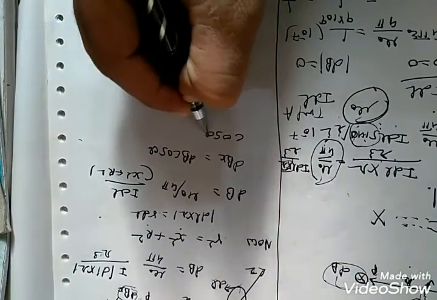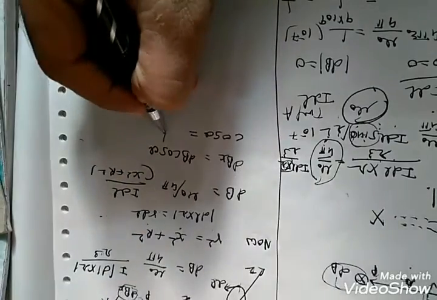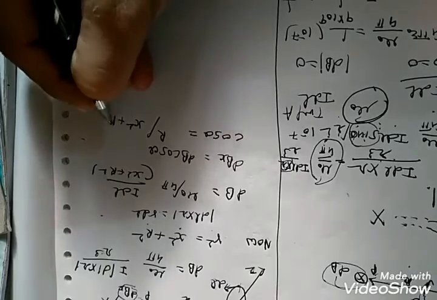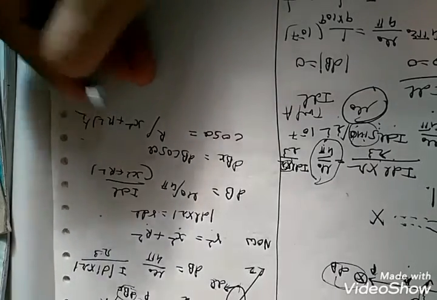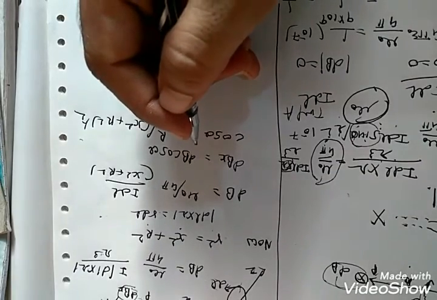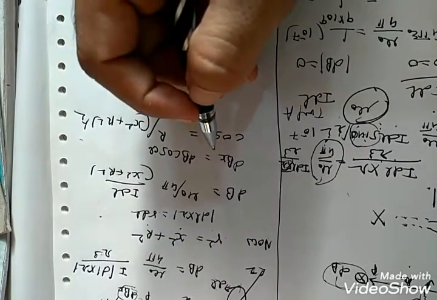So cos theta is equal to R upon x square plus R square all raised to 1 by 2.